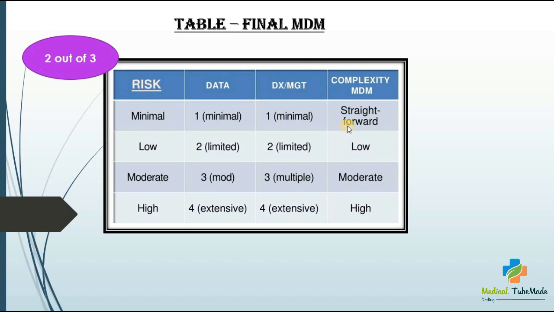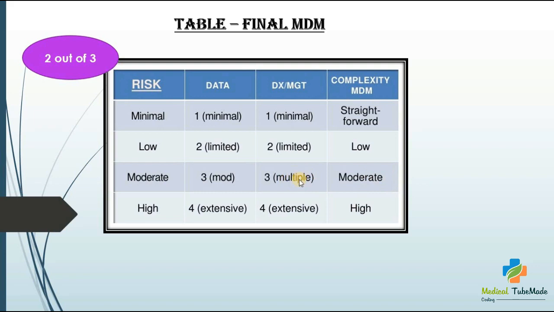For example, here you can see for straightforward, 1 point in the diagnosis table, meaning 1 point from table A, 1 point from table B and risk minimal. So it's straightforward. For low, 2 to low.